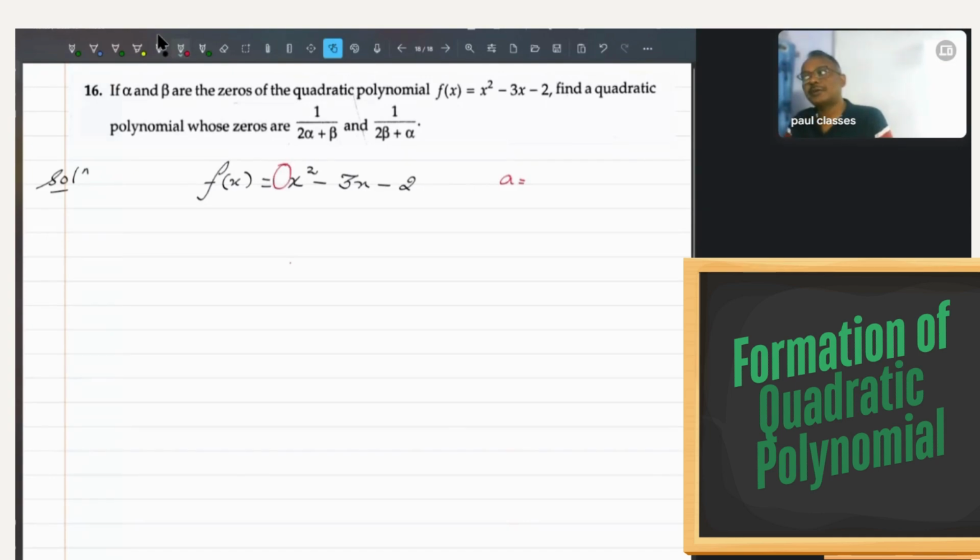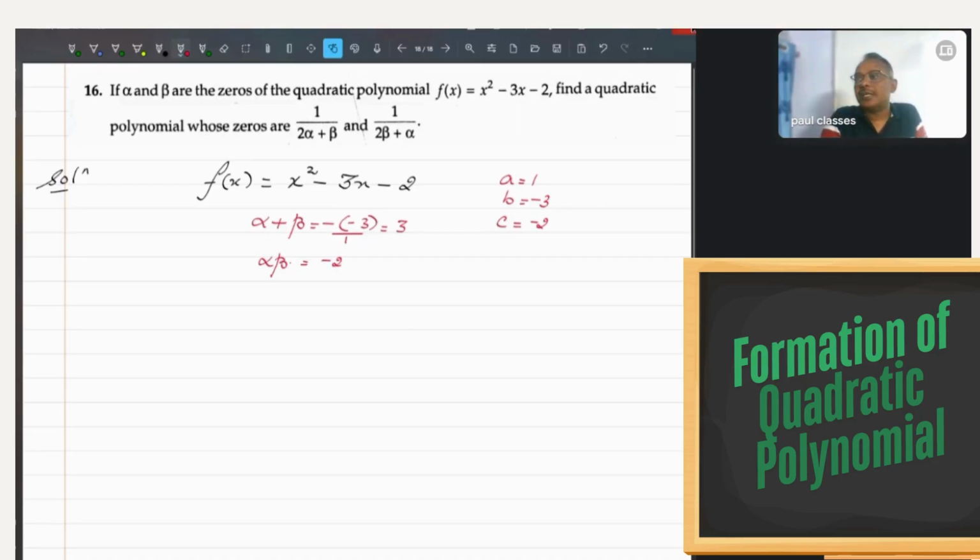What is b? Not 3, minus 3. C, what is sum of roots? Minus of minus 3 by 1. What is product of roots? So C minus 2 upon 1.